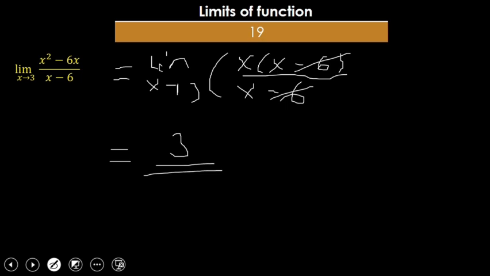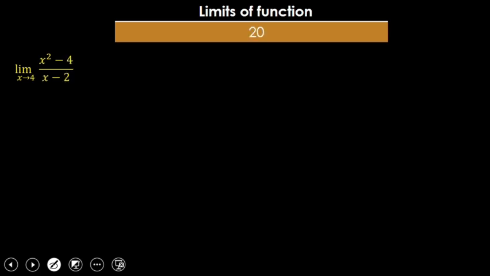Moving to the next question. There is x squared minus 4 all over x minus 2. You substitute directly, you have something undefined. There is limit as x tends to 4 of what?